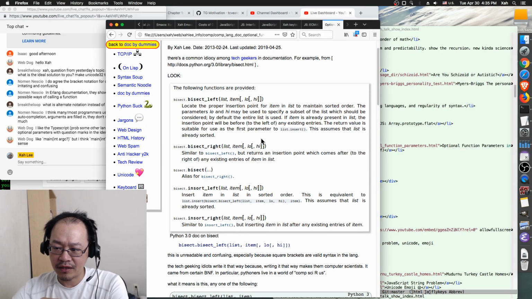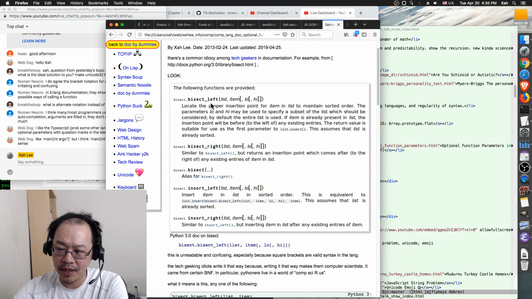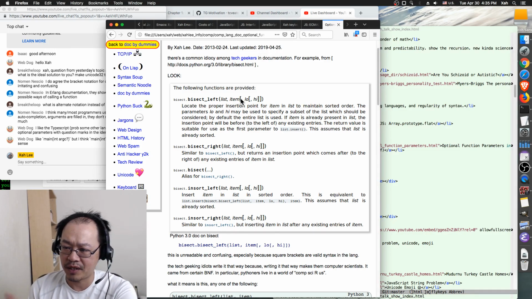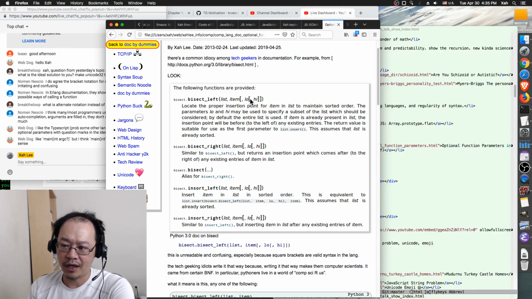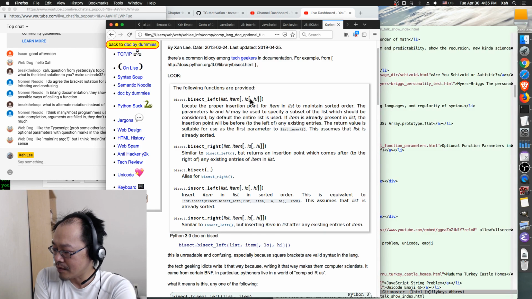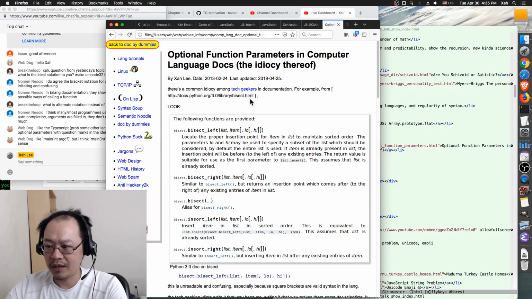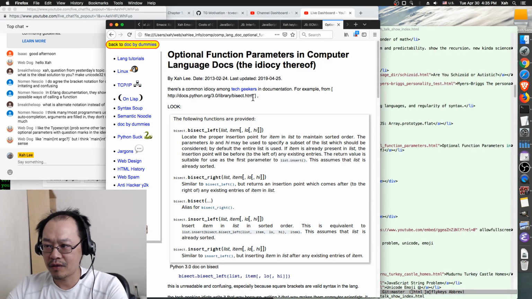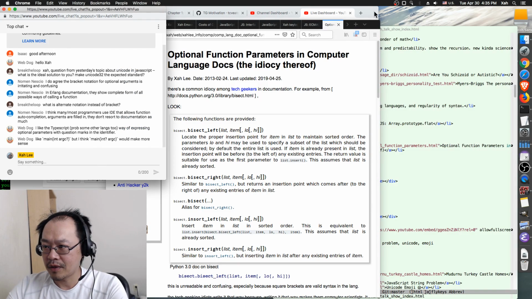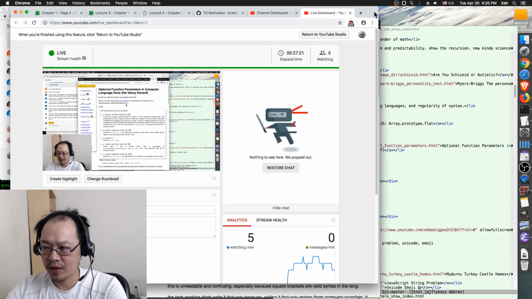First of all, my opinion about why programmers actually write the optional parameters in this stupid notation is because this notation is from the conventional notation of parsers. Okay, let me show you. I'm gonna answer the question real soon.